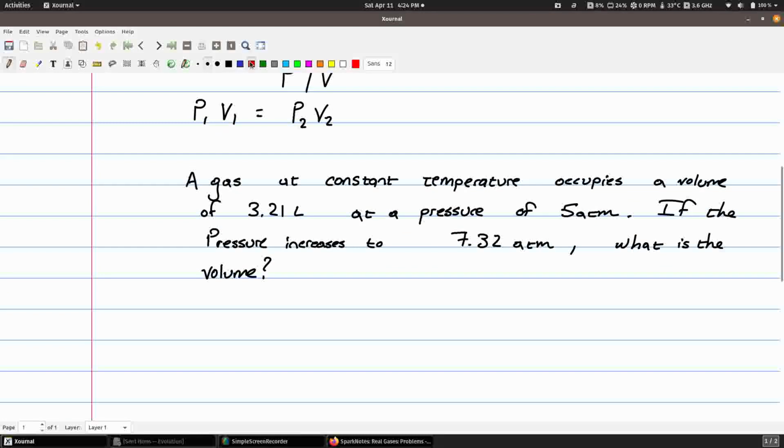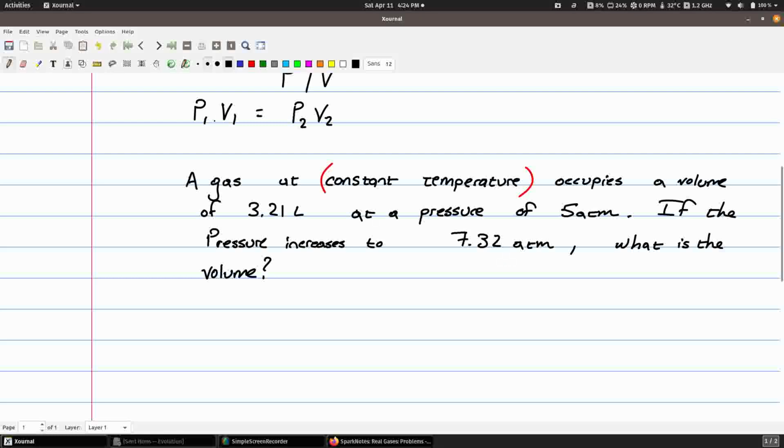So keyword is right there, constant temperature, or keywords. And then we have our volume 1 and pressure 1, along with our pressure 2. So let's plug it in.